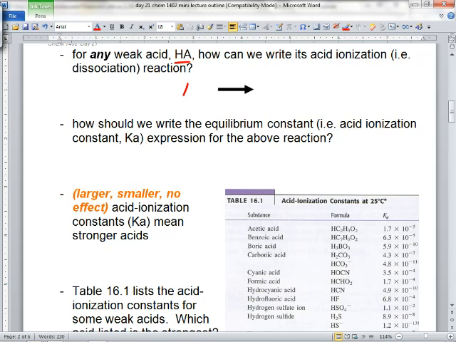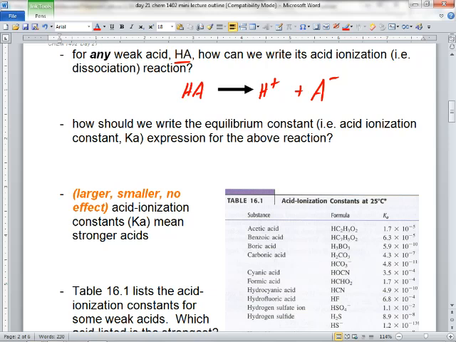HA goes to an H plus, and the A should have a minus. Exactly, right? So in general, that's how you're going to write these acid ionization reactions. You always start out with the weak acid, and it gives H plus and its conjugate base, A minus.